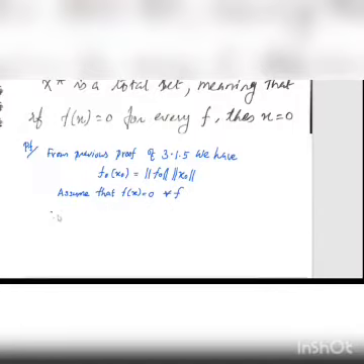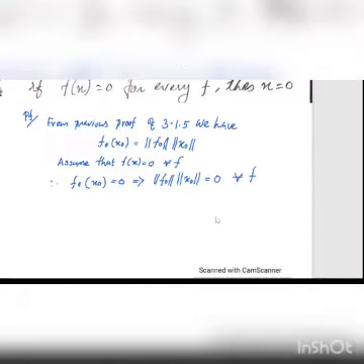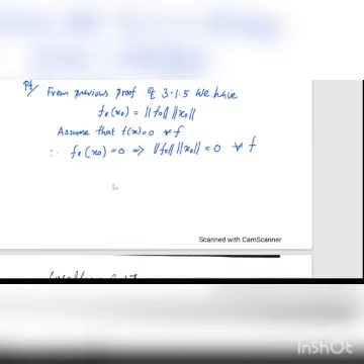Therefore, in particular, you will get f naught of x naught is also 0, right? f naught of x naught equal to 0 implies the norm of f naught into the norm of x naught is equal to 0 for every f. For every f, this quantity is equal to 0, which implies in particular you can take this f as the identity function.